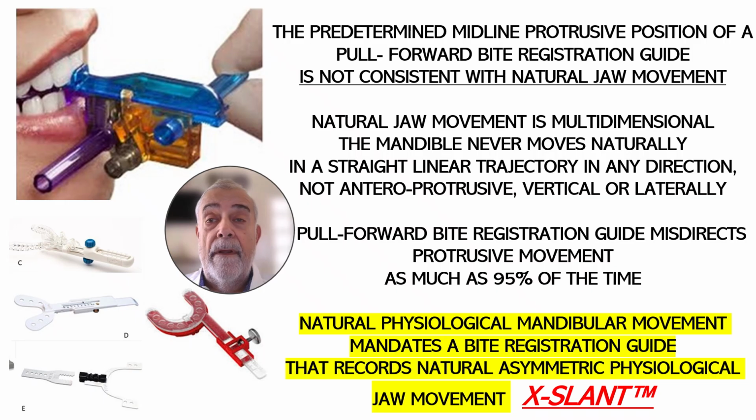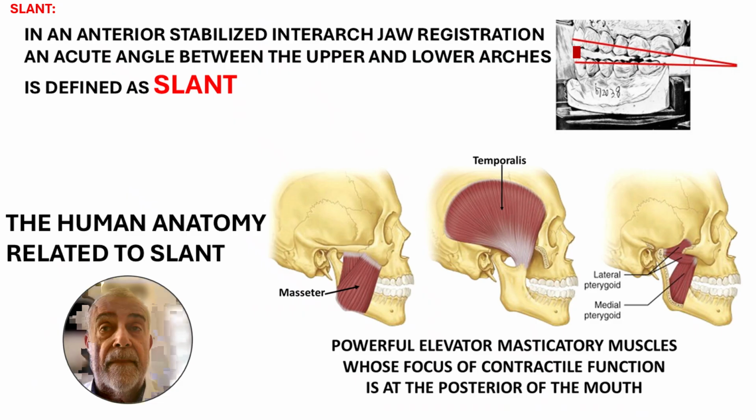Pull forward bite registration guides misdirect protrusive movement as much as 95% of the time. Natural physiologic mandibular movement mandates a bite registration guide that records natural, asymmetric, physiologic jaw movement. And of course, that device we're going to talk to you about is X-Slant.